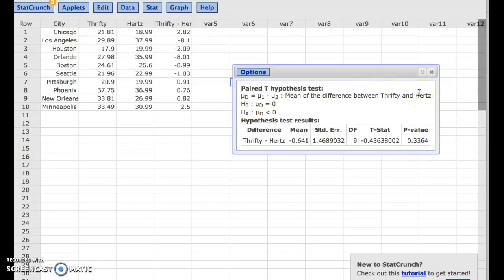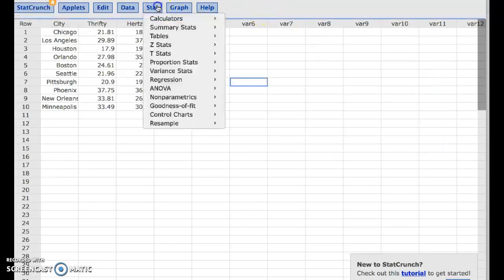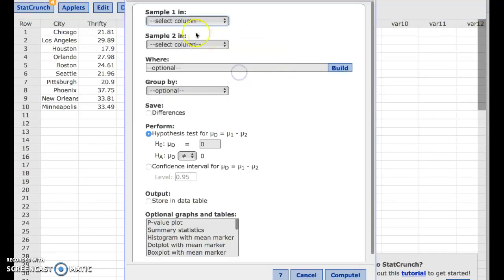I want to show you one other shortcut. We had already checked our box plot and QQ plot, but there is an option to do this at one time. If you go to your t-stats and your paired, you can ask StatCrunch to save your differences, and it will compute the subtractions for you. It will always do it in the order sample 1 minus sample 2.